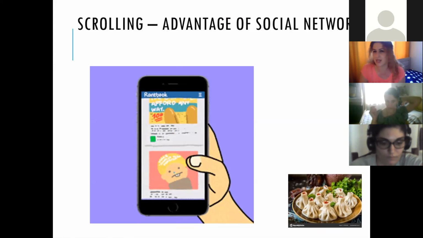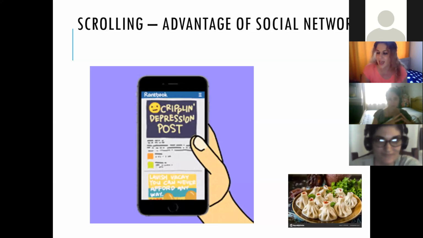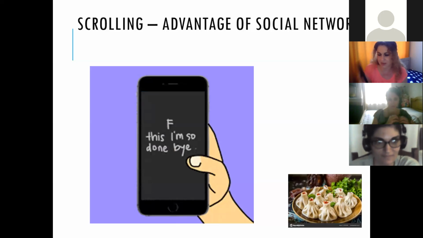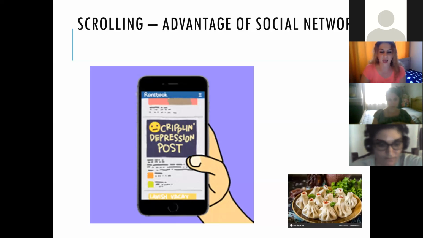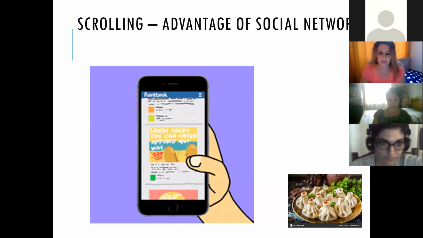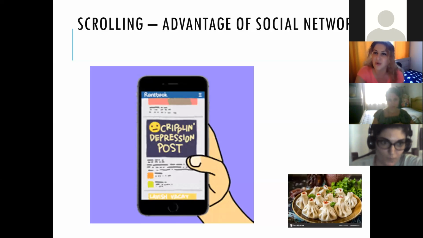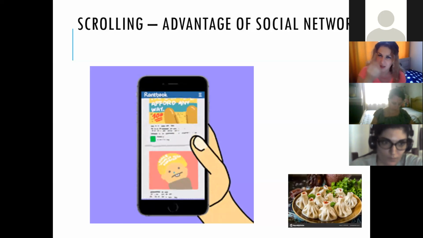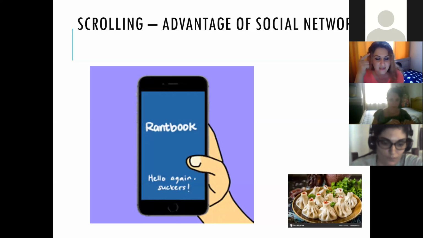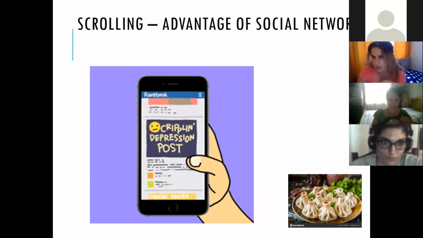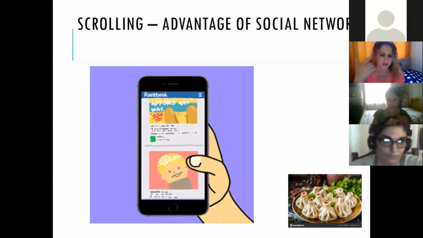So today I'm just going to imitate this activity with you, and I will go to my Facebook page and scroll it as fast as possible. And I will ask my brain to remember the information which it prioritizes. And I don't know what it will be. So I will do it and then tell you.